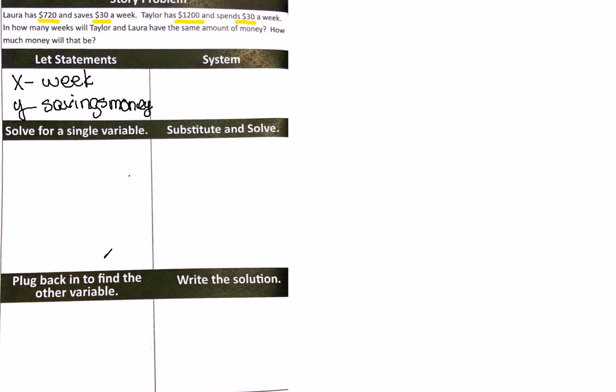Now let's create my system. Let's create the equation for Laura first. Like I said, the rate of change is going to be 30 and the b, the y-intercept, is going to be 720.